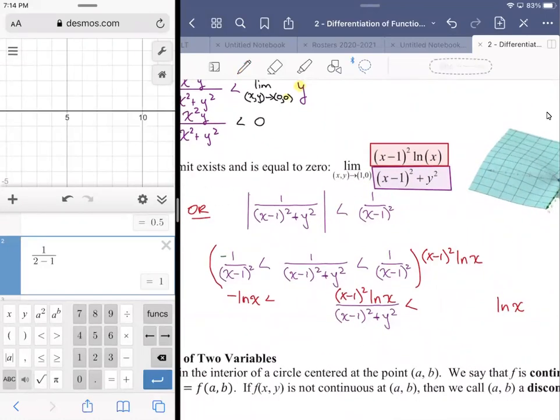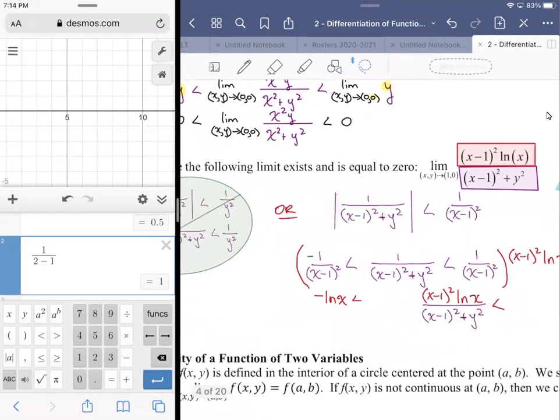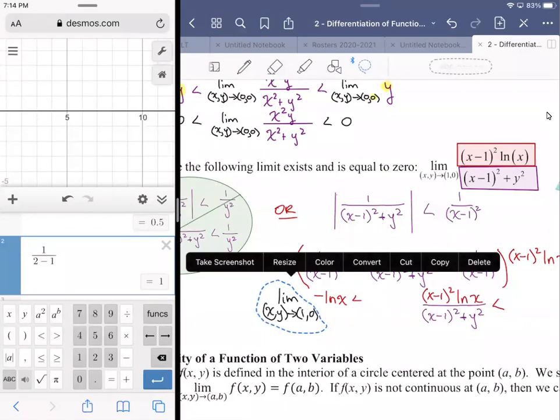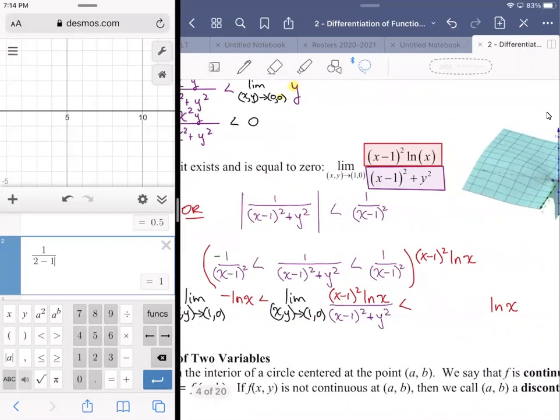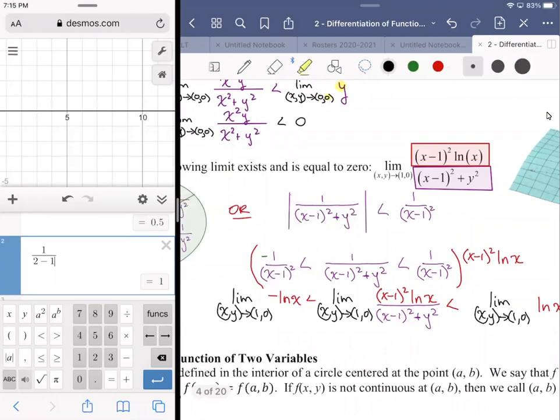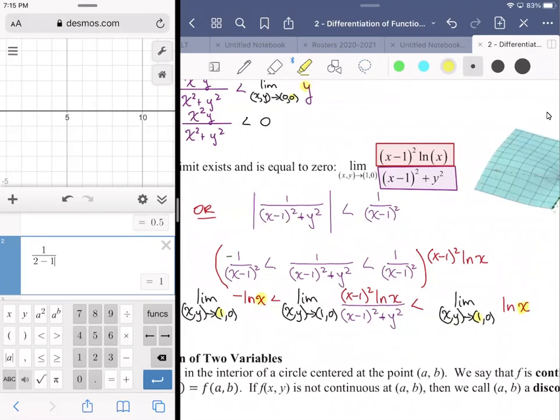Okay. So the limit as (x, y) approaches (1, 0). We're plugging in a 1 for the x's. In both cases, natural log of 1 is equal to 0.